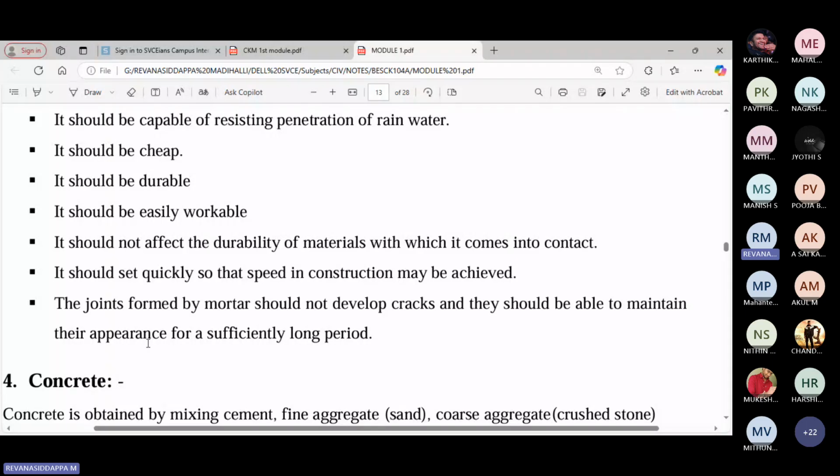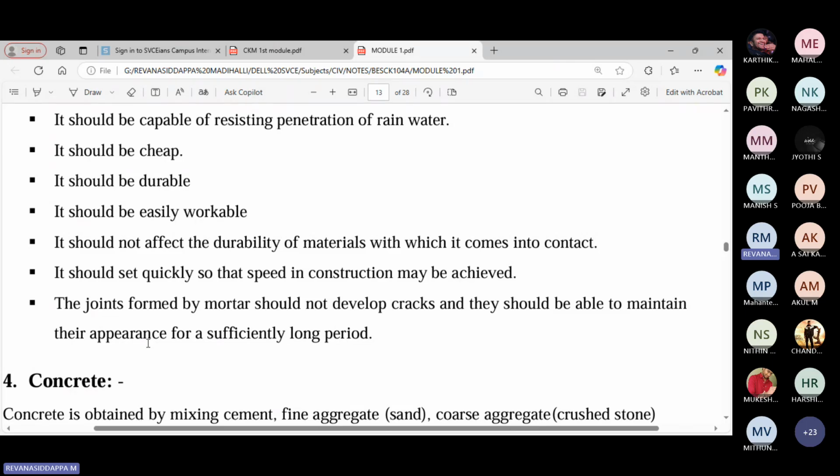Sometimes, after constructing a masonry wall using mortar or after doing plastering work, hair cracks are observed here and there. Cracks propagate in the mortar. They should not propagate like that.